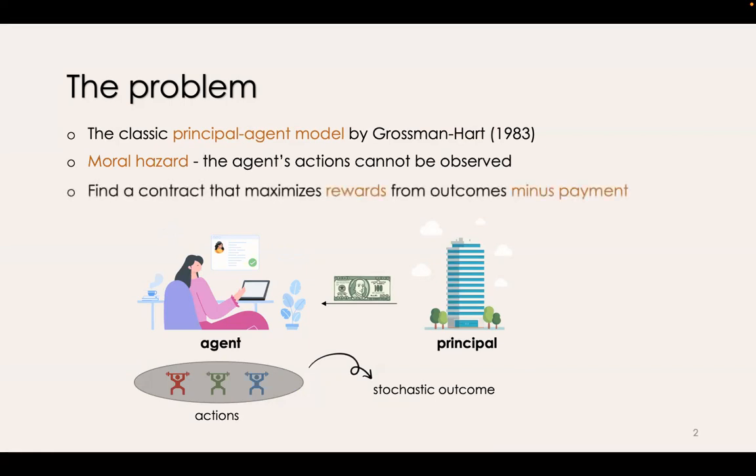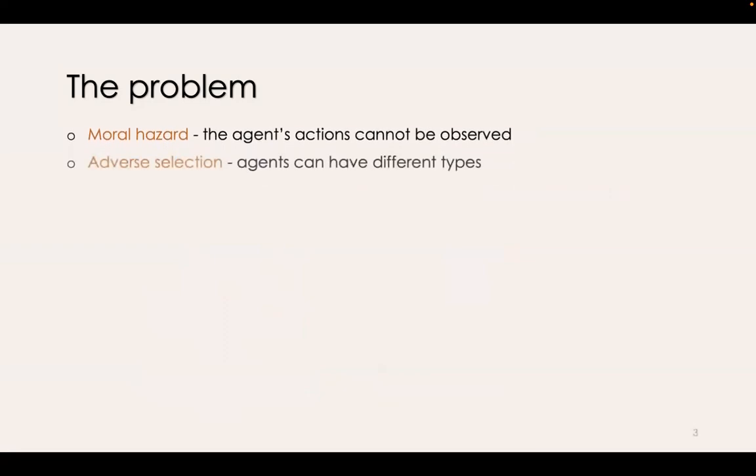In our work, we study a generalization of this problem, where on top of the fundamental information asymmetry of moral hazard or hidden action, there is also the information asymmetry of adverse selection or hidden type. And adverse selection means that agents have private information regarding their individual characteristics or type, which affects how they behave under the problem. For example, the employee can have private information on his specific working capabilities.